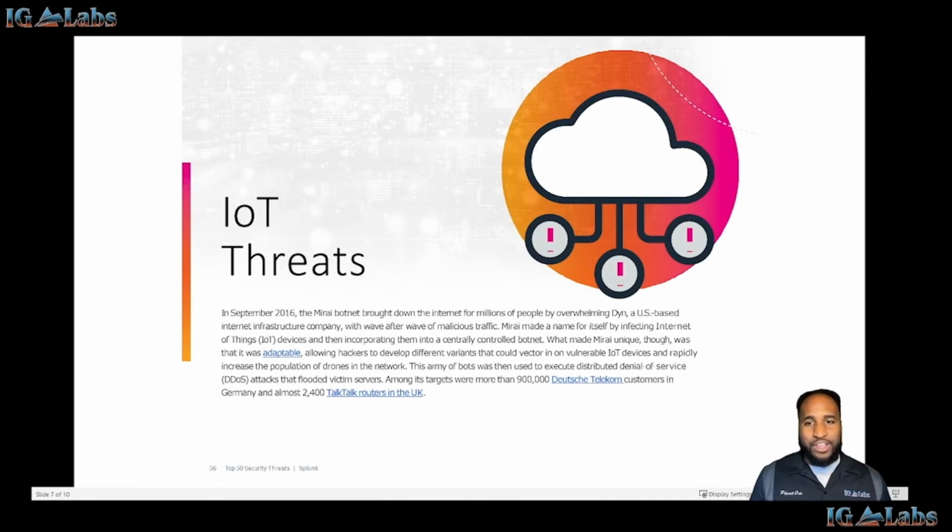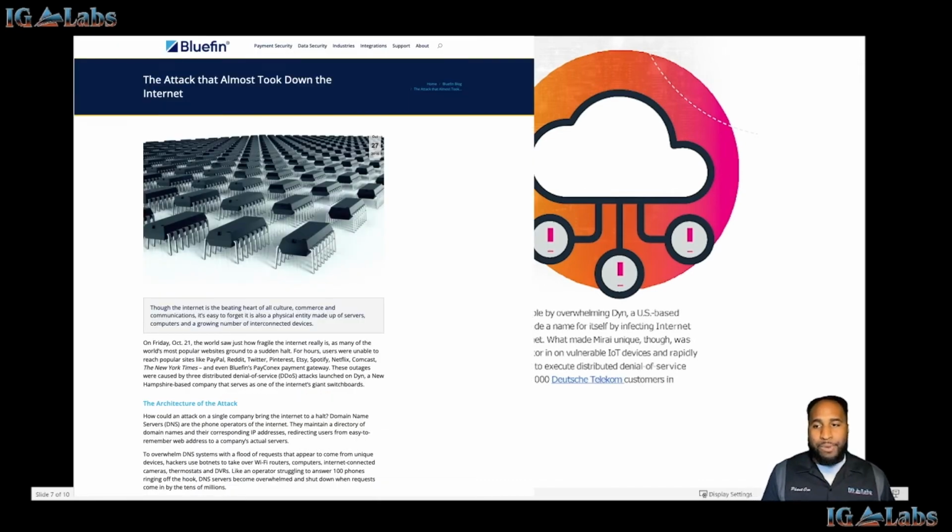Once attackers gain access, they have the potential for lateral movement to get greater access if they don't currently have it with that compromised account. An example of this was back in 2016, when the Mirai botnet brought down the internet for millions of people when it overwhelmed Dyn, a US-based internet infrastructure company.